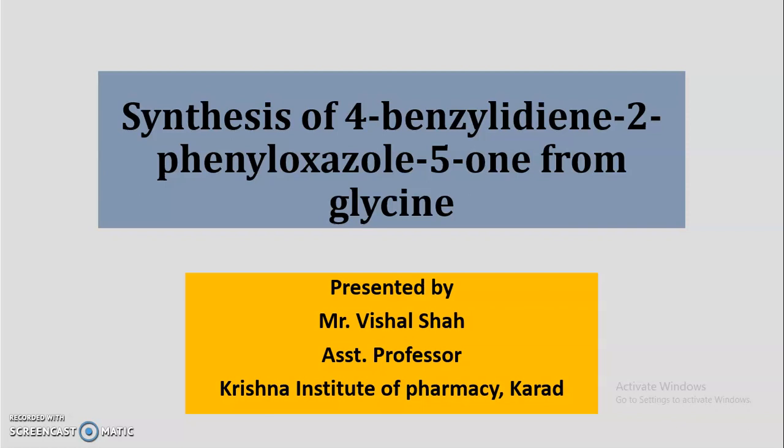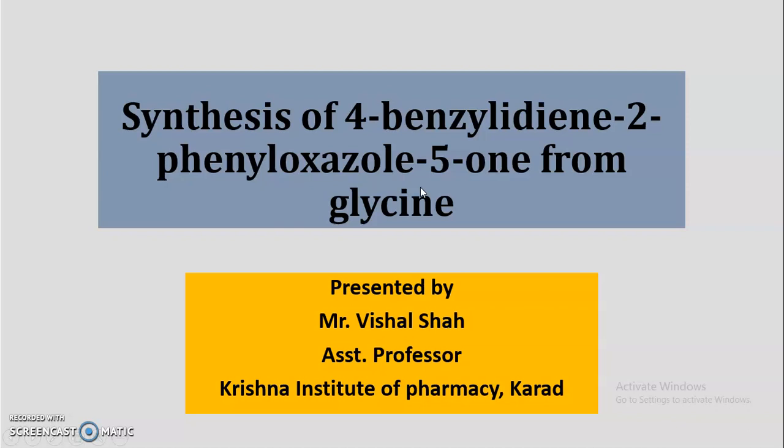Today in this video I am going to discuss the practical part of medicinal chemistry 1, that is the synthesis of 4-benzylidene-2-phenyl oxazole from glycine. Basically this synthesis involves two steps.